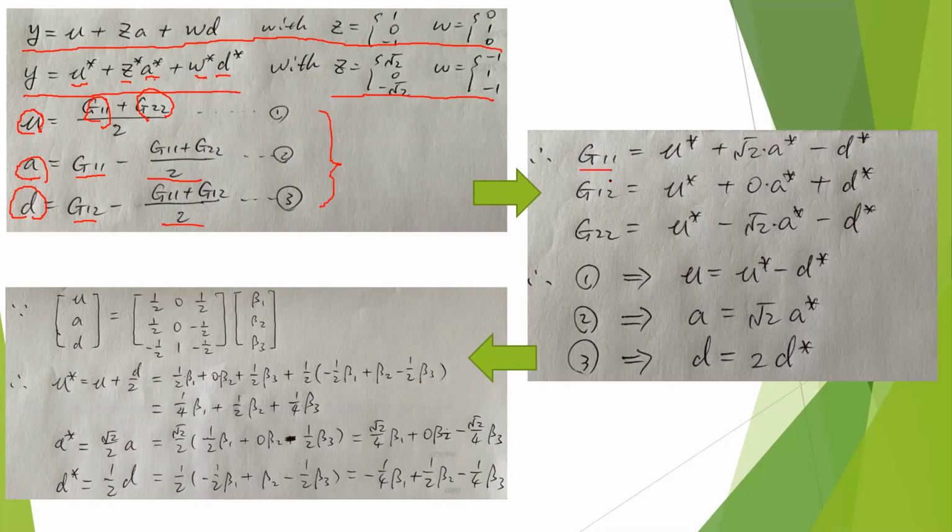If we use the new linear regression model based on the newly defined Z variable and W variable, we can represent the genotypic value of the first genotype as mu star plus square root of 2 multiplied by A star, minus D star, because of these newly defined variables.